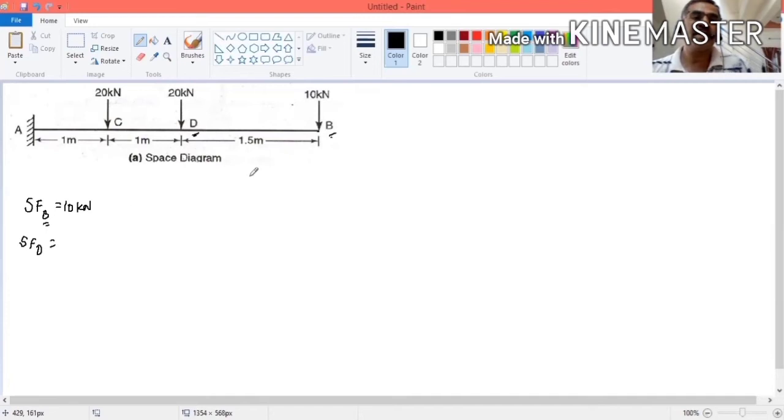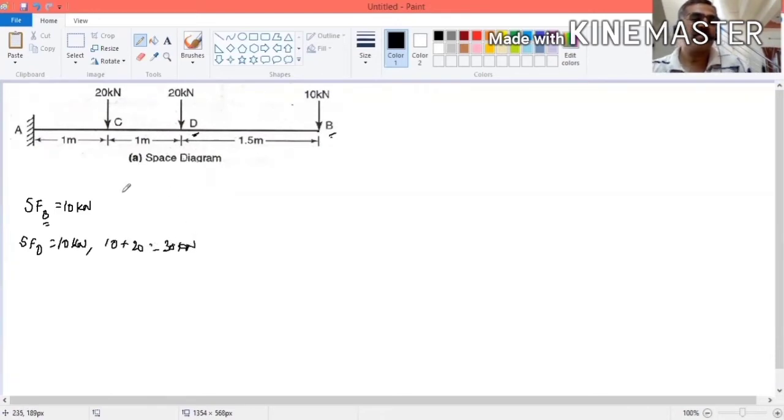How much load is there? It is 10 kilonewton. Now you consider the point load acting on the beam also. So how much is it? Already right side 10 is there, plus 20, so totally 30 kilonewton.